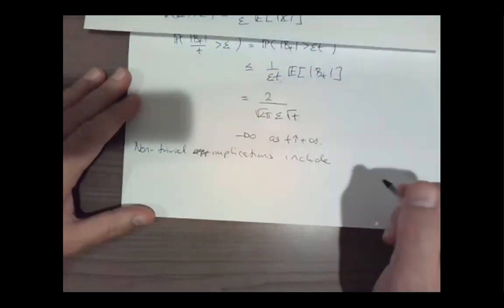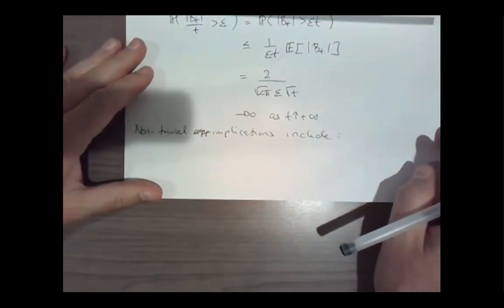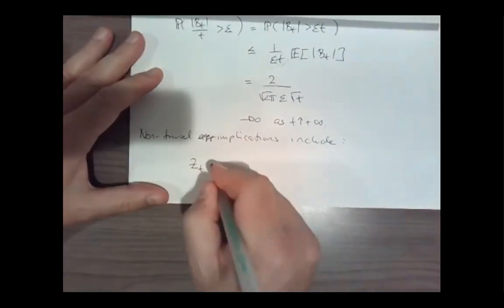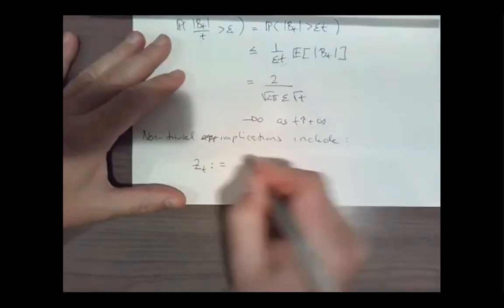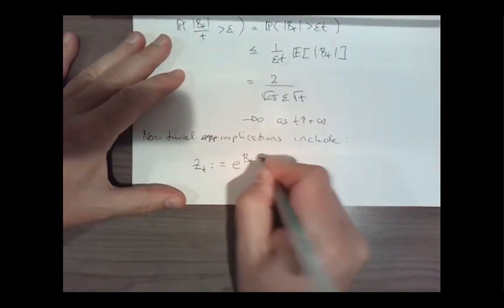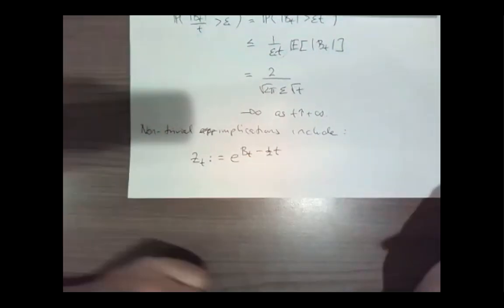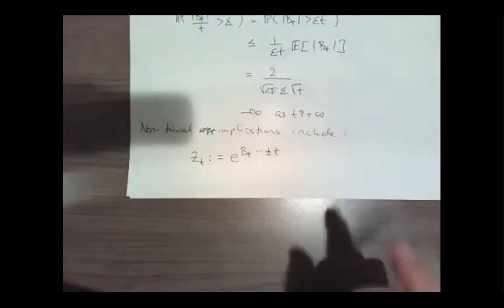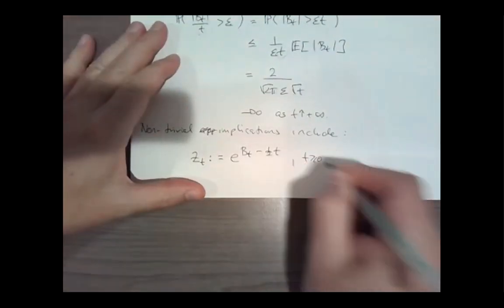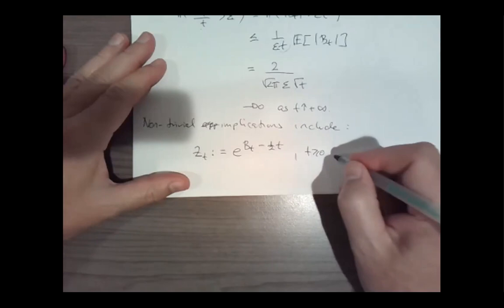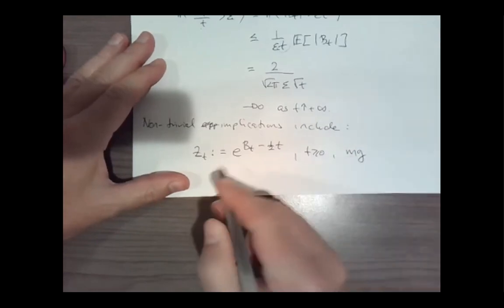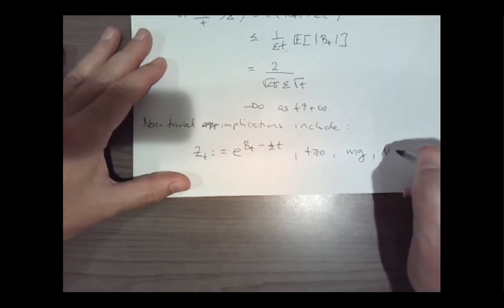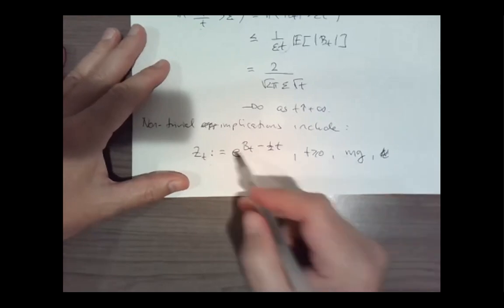For example, last time we looked at this Zt. Does anybody remember some of the properties that this particular stochastic process has? Is it a martingale? Yeah. And it's Markov. Okay, yeah. I'm not interested in Markov right now, but it's also positive, right?